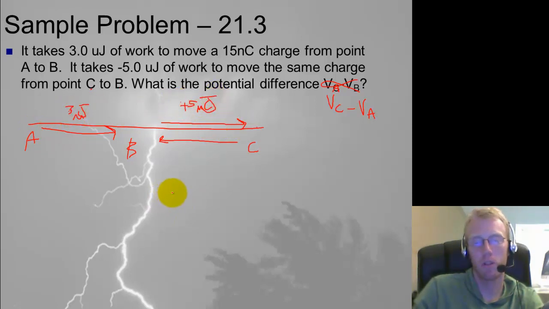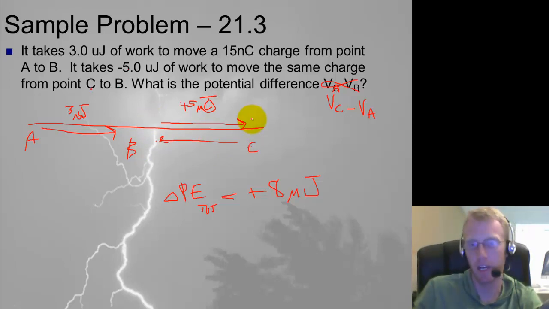So the net difference between here and here is 8 microjoules. So delta potential energy total is positive 8 microjoules. Again, what they tell us is it's negative 5 to go from C to B. So from B to C, the opposite direction, changes the sign.